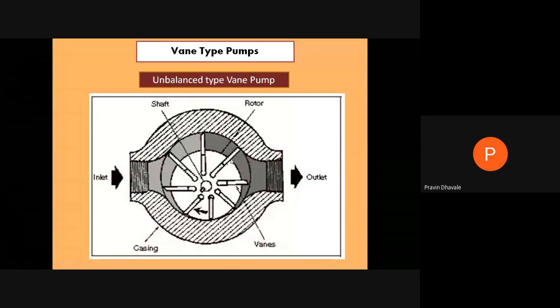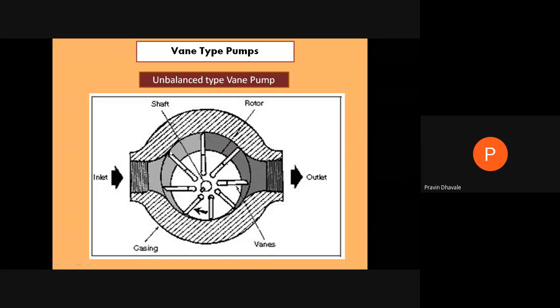What happens when this rotor is rotating? From the inlet of the pump, the fluid is sucked into the space between these two vanes because a vacuum is generated when the rotor is at the lowermost position, right? When this rotor is rotating in a clockwise direction, what happens? It takes the upper position. At that time, whatever fluid is trapped between these two vanes gets compressed or pressurized, right?